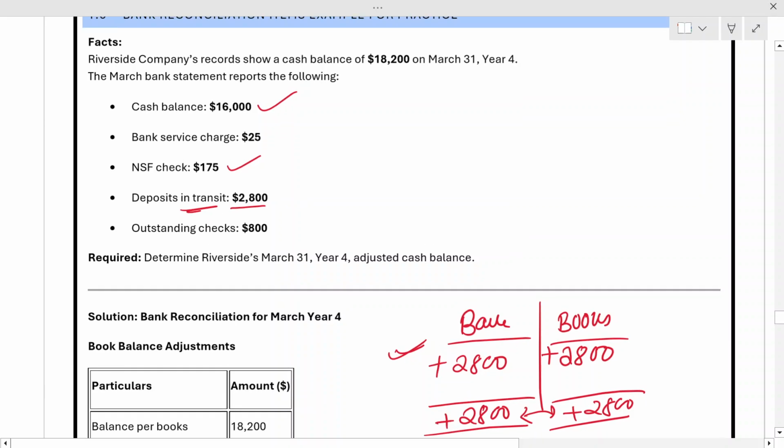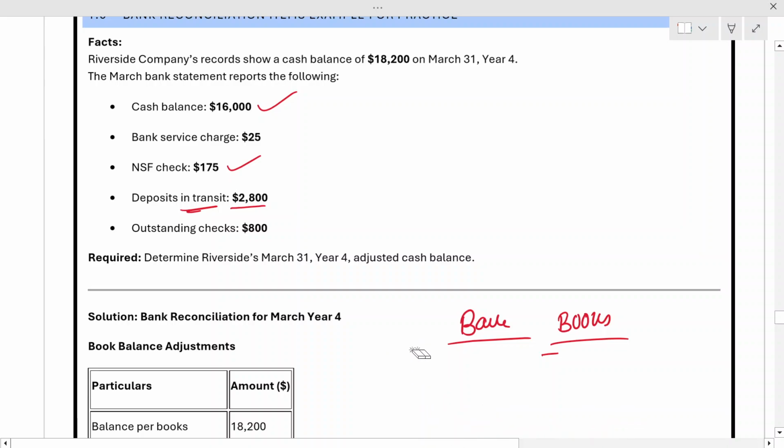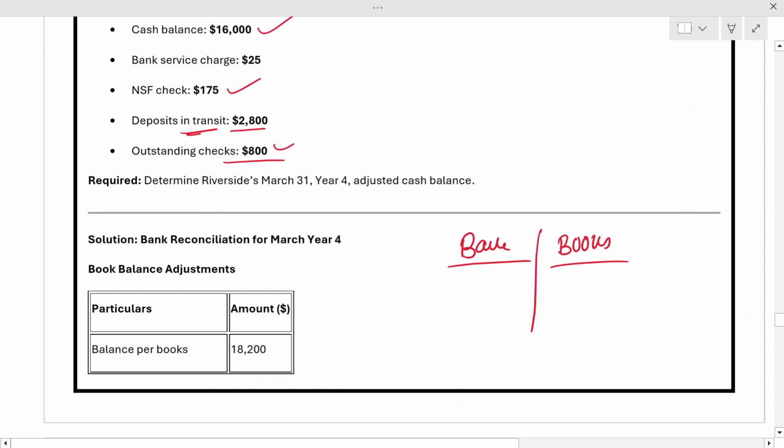Now the next item is outstanding checks of $800, which means that from your books you have reduced these payments because you have given them to the vendors, but they have not gone to the bank as of now. So you need to reduce it from the bank as well.